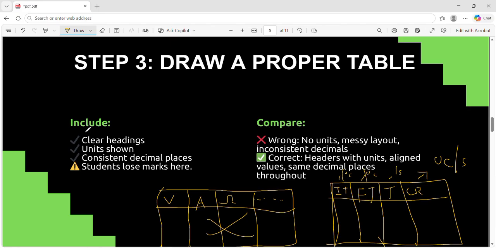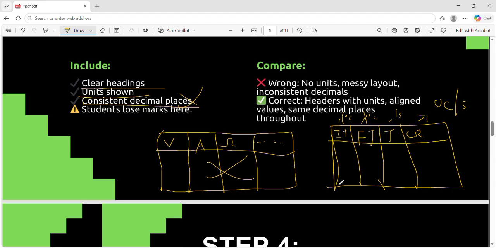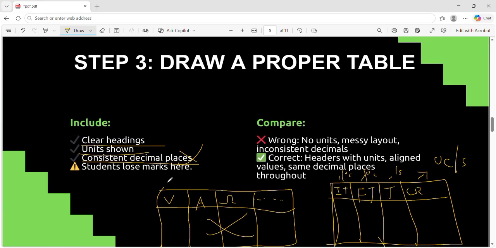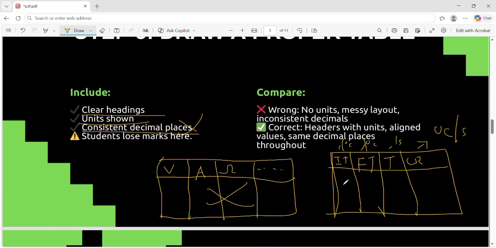So as I said, clear headings, the units should be shown, and consistent decimal places if you want to put values, but you should not put values if they have not asked you. They rarely ask, but if they do, then you have to put the values in consistent decimal places, not 1 in 2 and then another in 4 or another in 6 or 1 SF, 2 SF, 3 SF.